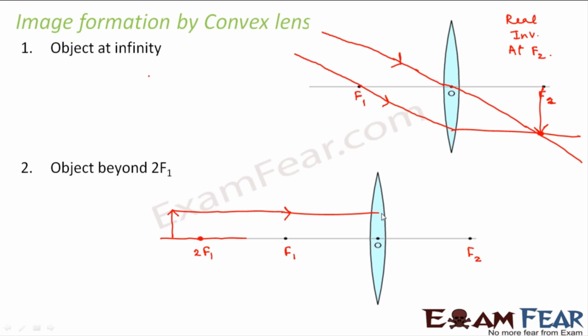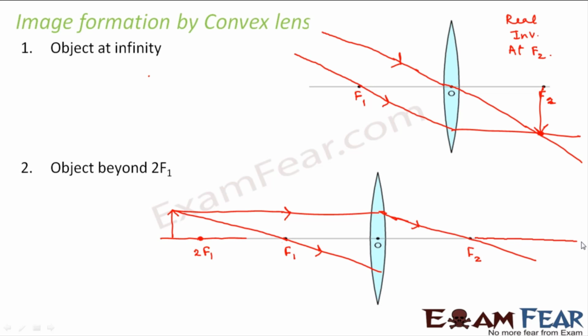After refraction, it passes through the second principal focus. Let us say there is another ray of light which passes through the first principal focus, and after refraction it goes parallel to the principal axis.